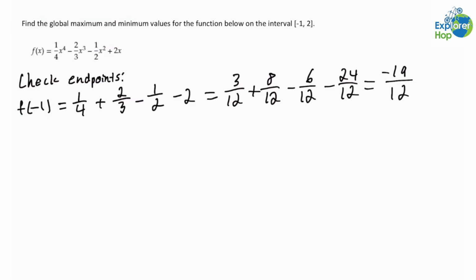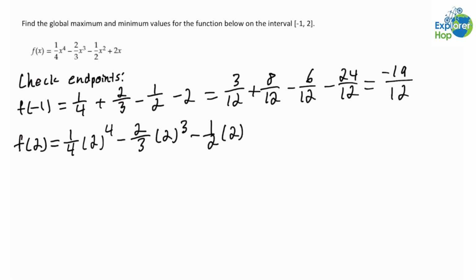And f of 2 is equal to 1 over 4 times 2 to the power of 4 minus 2 over 3 times 2 to the power of 3 minus 1 over 2 times 2 squared plus 2 times 2.